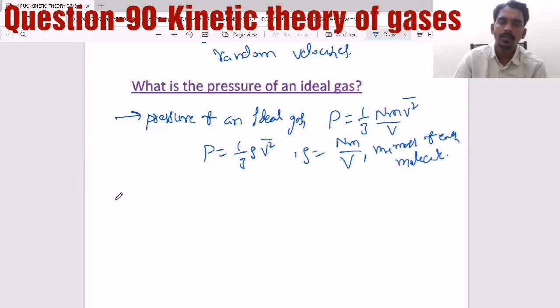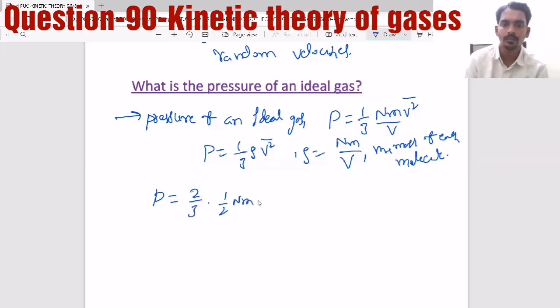Capital N is the total number of molecules, so total mass will become N into m. Total mass by total volume will become density.